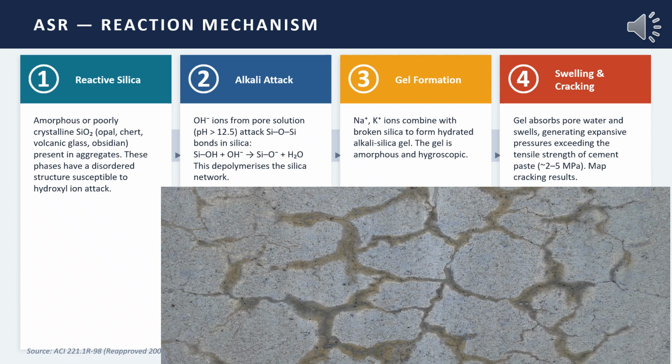It's important to understand that the cracking isn't the chemical reaction itself, it's a mechanical consequence of the gel swelling. The reaction can proceed for decades before visible damage appears, which is why early detection is difficult.